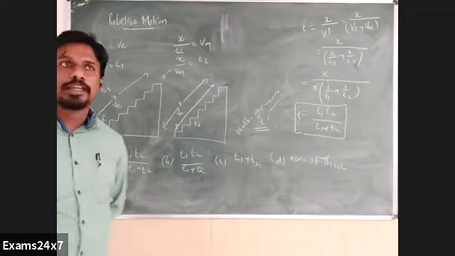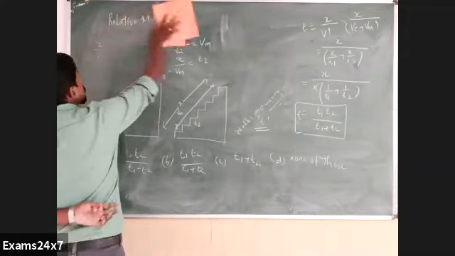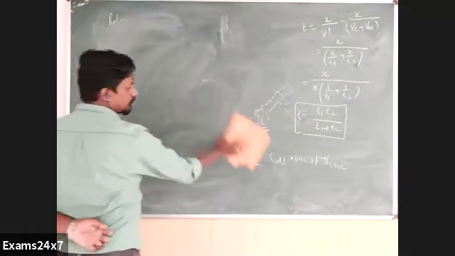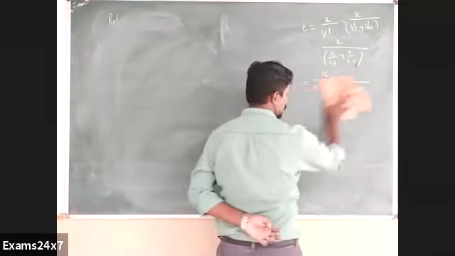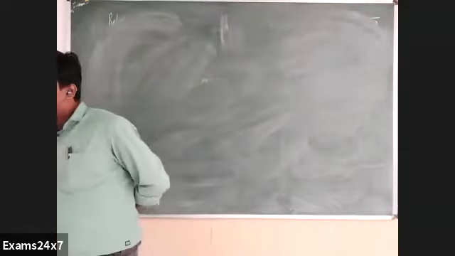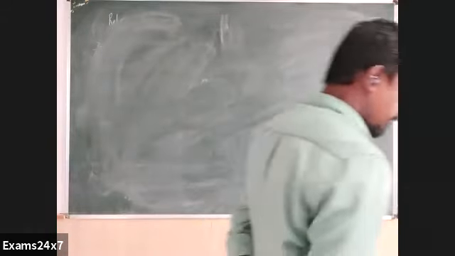A train is moving with a speed of 2 meters per second on a straight track.